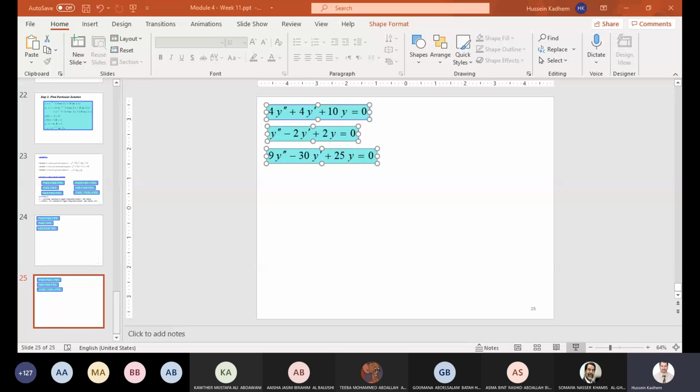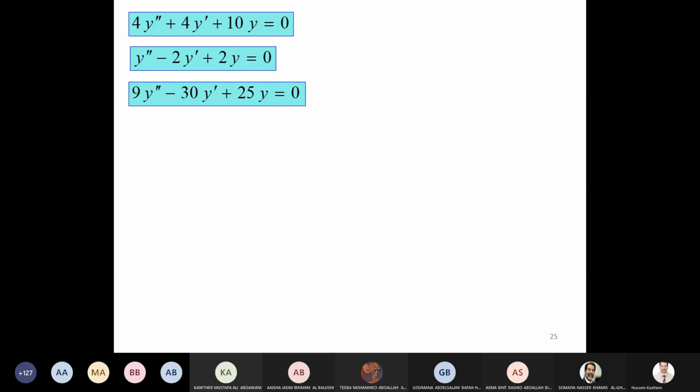Equal 1.67. Yeah. And what is the second root? The same. Oh, they are equal. Okay, great. Roots 1 and 2 are equal.